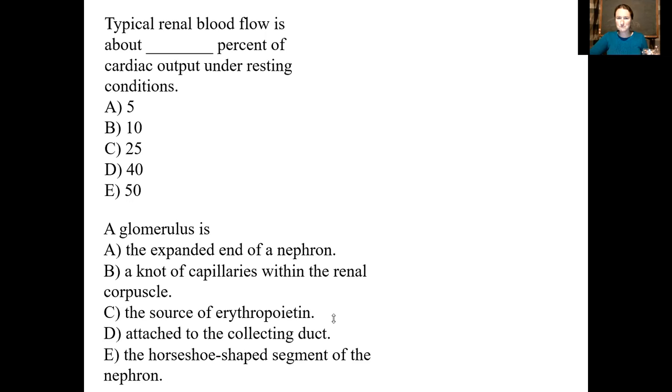All right. Here, another question. The glomerulus is what? The expanded portion of a nephron, so actually holding the filtrate itself, a knot of capillaries within the renal corpuscle, the source of EPO, attached to the collecting duct, or a horseshoe-shaped segment of the nephron.